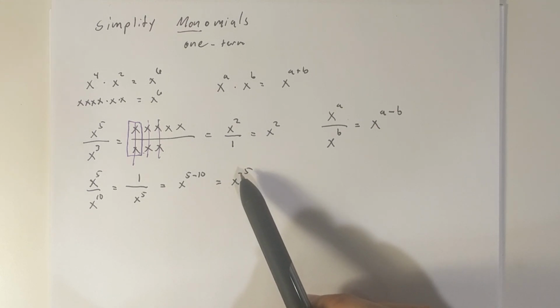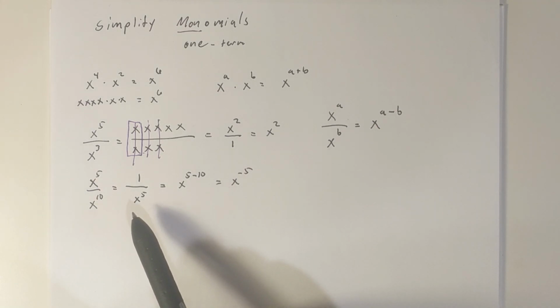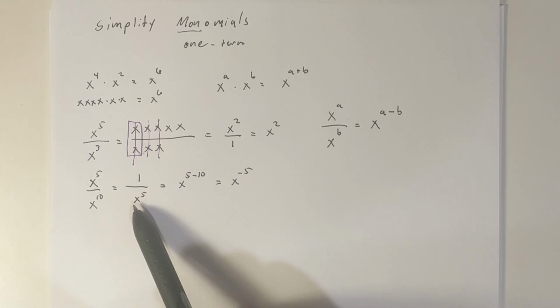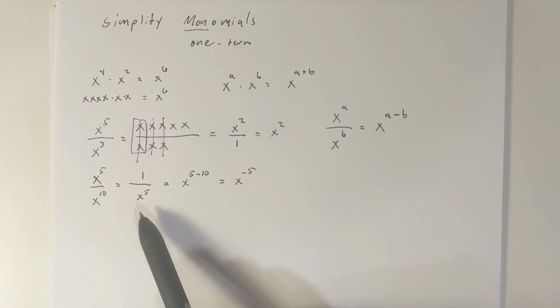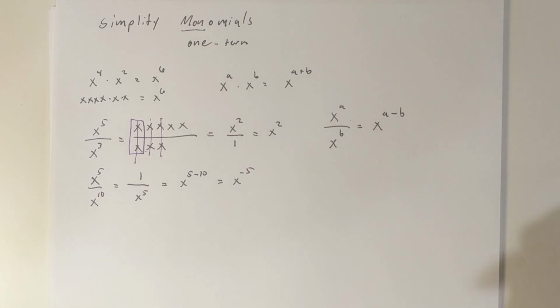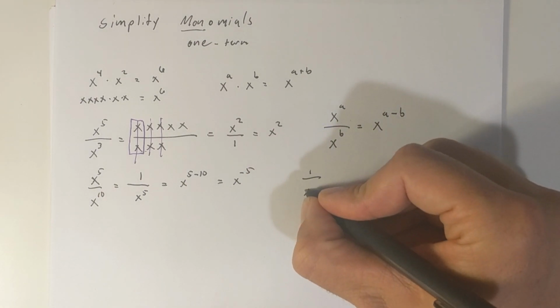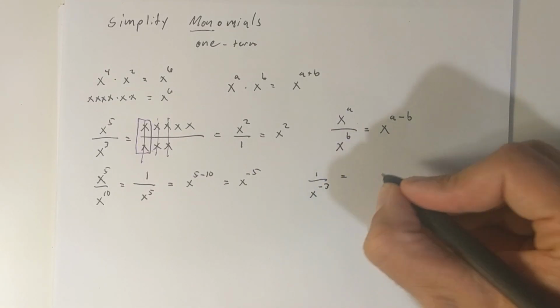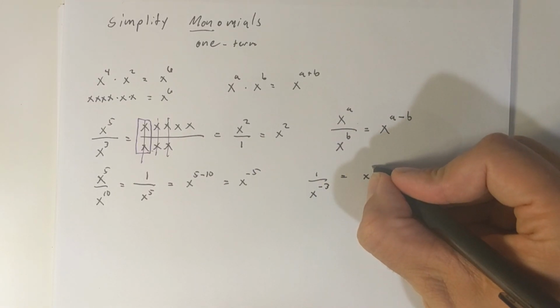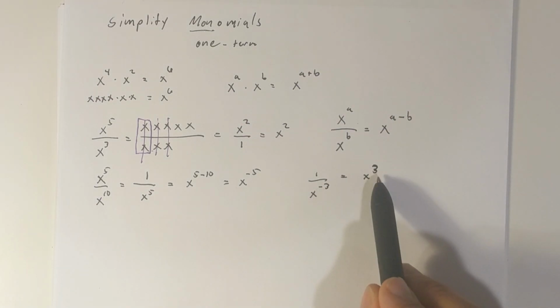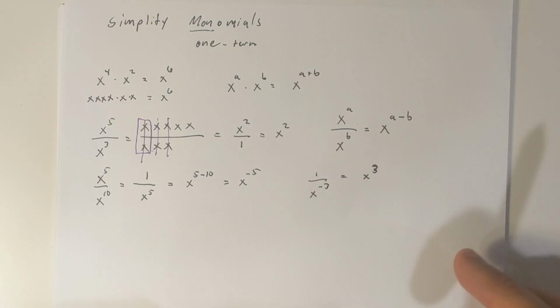Well, when you have a negative exponent, you can just move it. Meaning, if I have an x to the negative fifth on top, I can move it to the bottom as x to the fifth. And in fact, the exact same thing is true if I had a 1 over x to the negative third, it would in fact be just simply x to the positive 3. So if you have a negative exponent on the bottom, you can move it to the top.